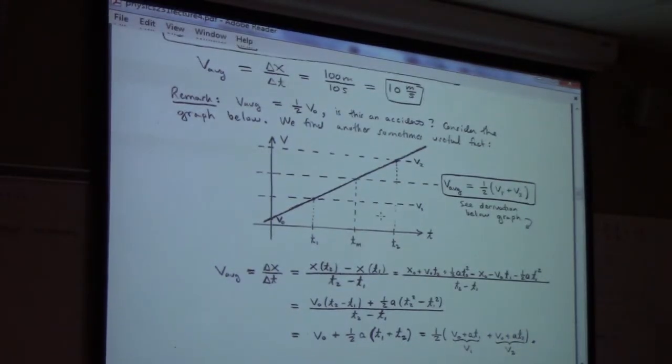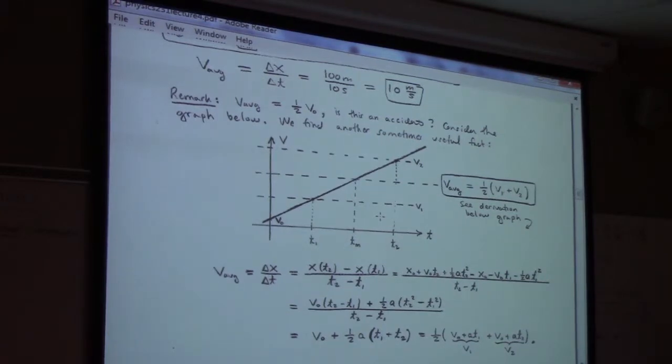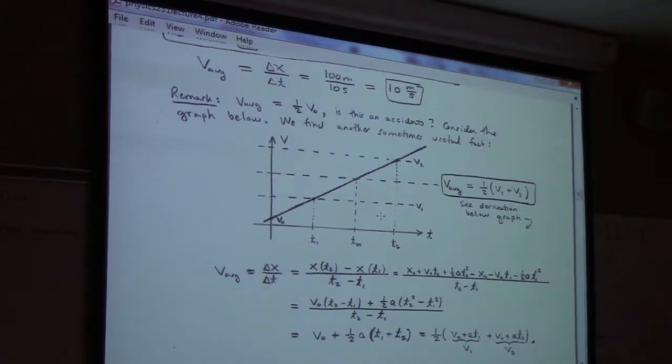The acceleration is negative in the examples we were just talking about, so I'm going to have a hard time interpreting the last couple of examples in view of this graph. This graph is just a more general comment, and listen to this: the average velocity is the average of the velocity.